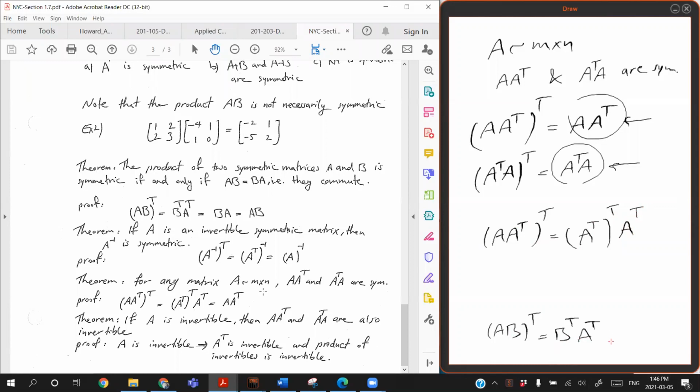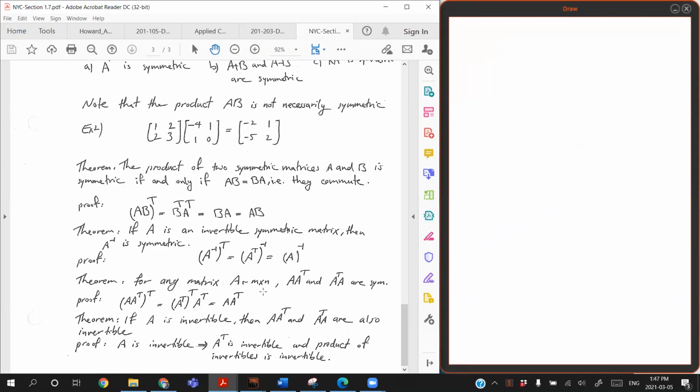However, A transpose transpose is simply A. So this is A times A transpose. And I'm done. Is that clear? Okay.